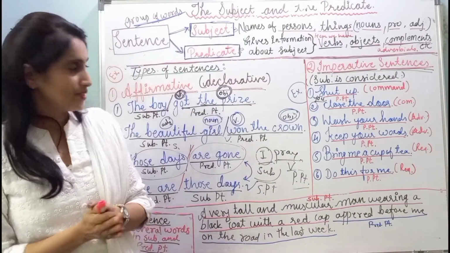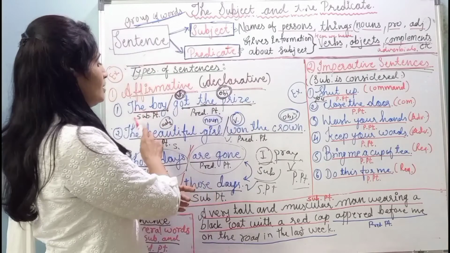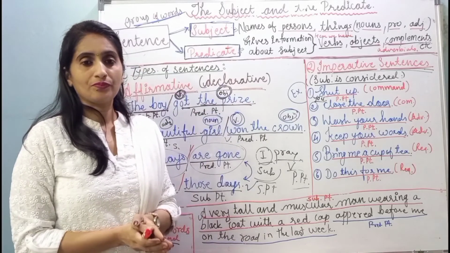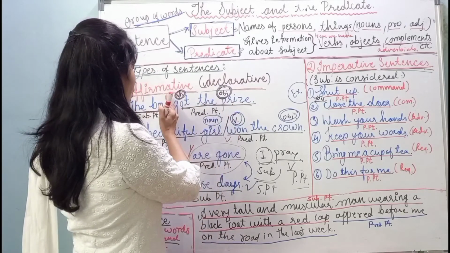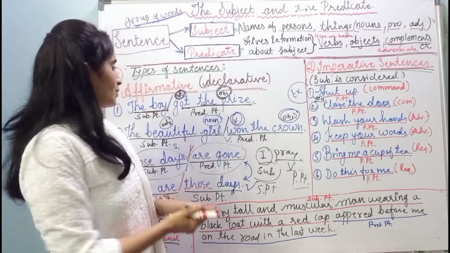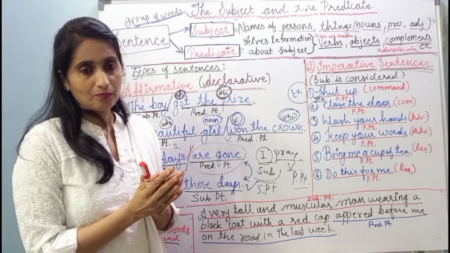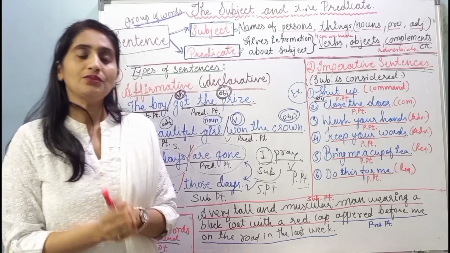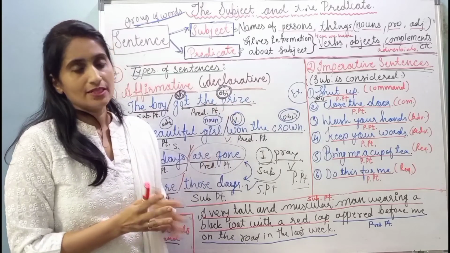Now let us study the sentences one by one. The first sentence is, the boy got the prize. In this sentence, the two parts are the boy and got the prize. The boy is the first part, got the prize is the second part. Now we have to identify the subject part and the predicate part in this sentence.